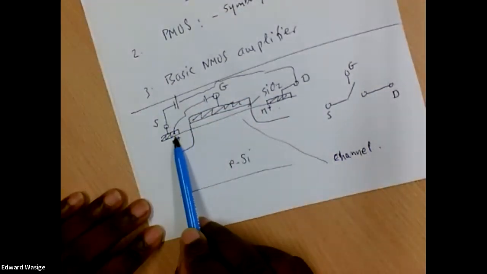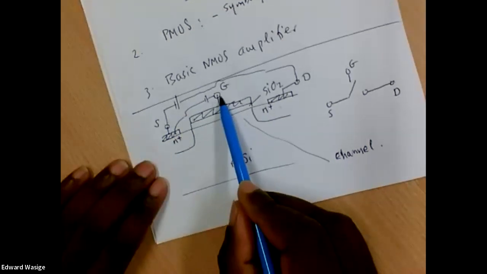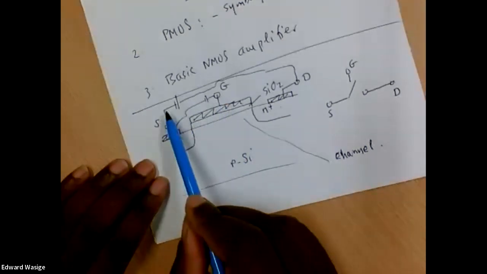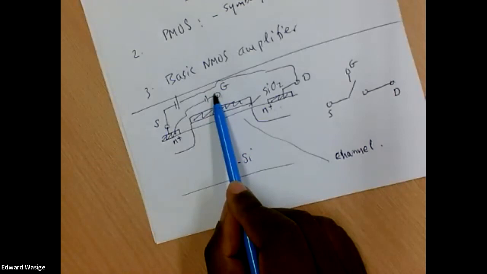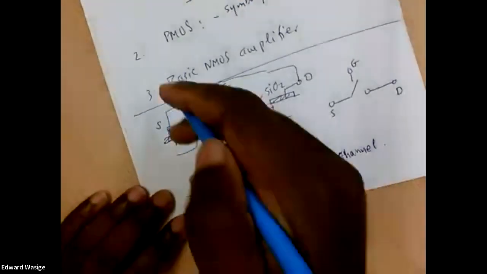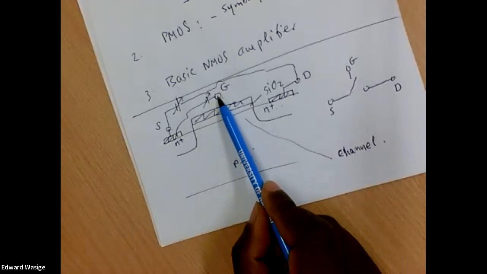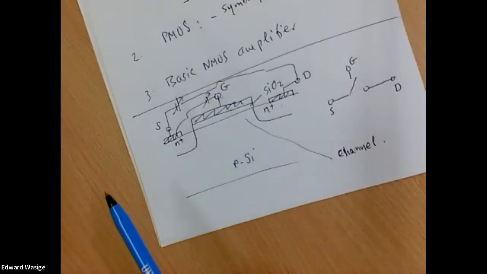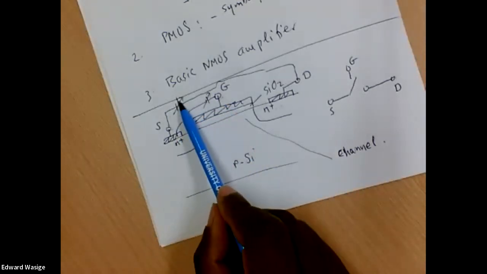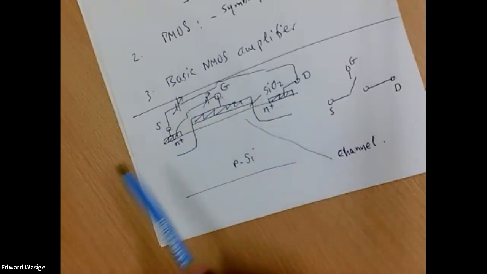So I use this as the reference electrode, and so I connect a potential between those two. Initially, if I don't have any applied voltage here, normally we can vary these voltages. So if we start with the gate voltage at 0, and I connect a positive voltage between the drain and the source.